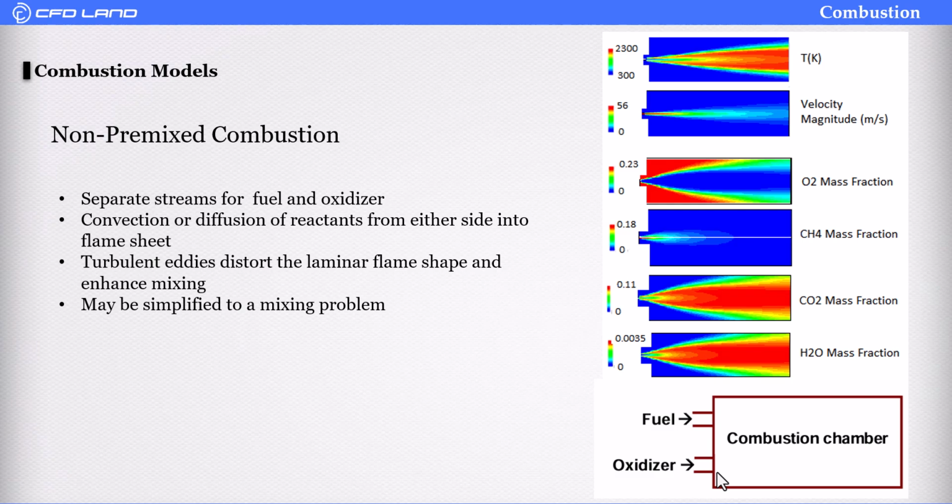It allows for intermediate species prediction, dissociation effects, and rigorous turbulence chemistry coupling. It is also computationally efficient because it doesn't require the solution of a large number of species transport equations, but it requires the flow to be turbulent, and chemical kinetics must be rapid so that the flow is near chemical equilibrium.